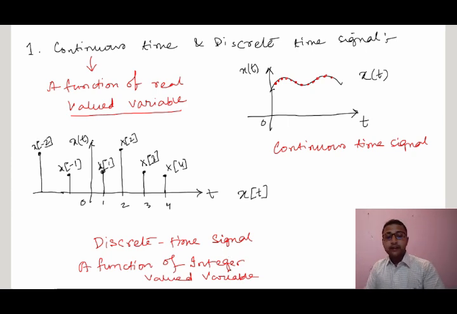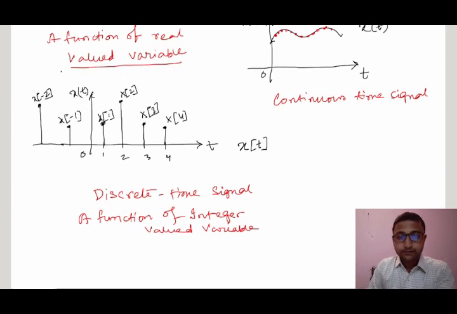That means it is an integer valued variable. The range is minus infinity to plus infinity, the integer values. So this is the discrete time signal. It is also called a function of an integer valued variable, whereas the continuous time signal is called a function of a real valued variable. Okay, next topic, number 2, is periodic signal.